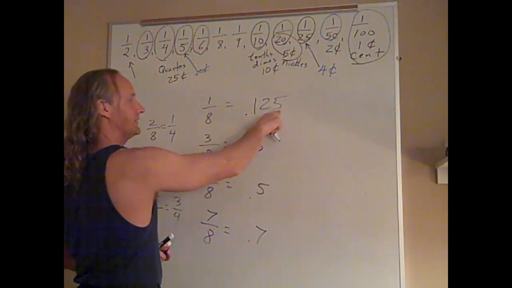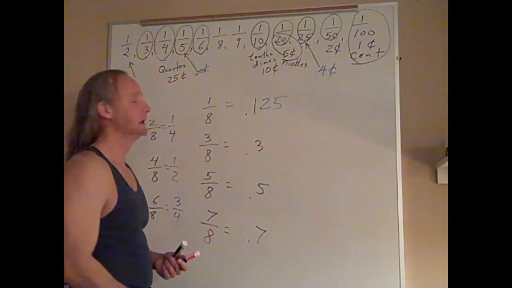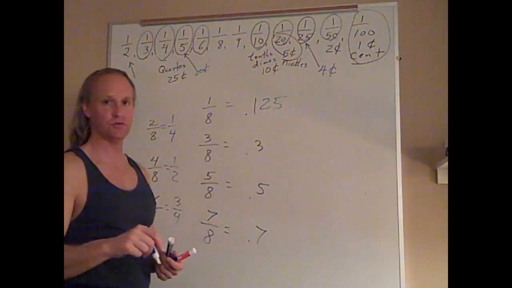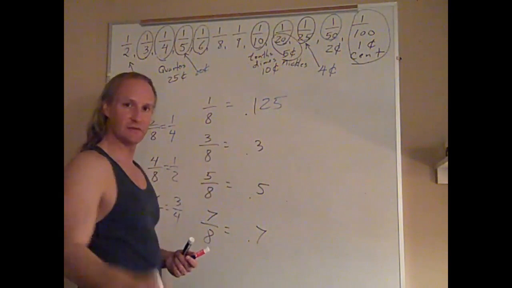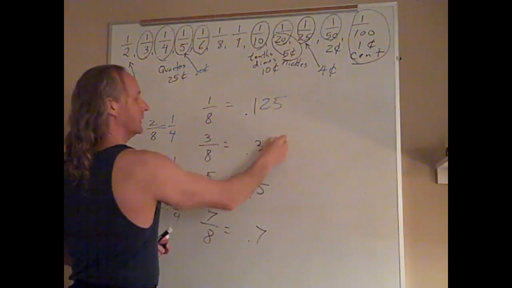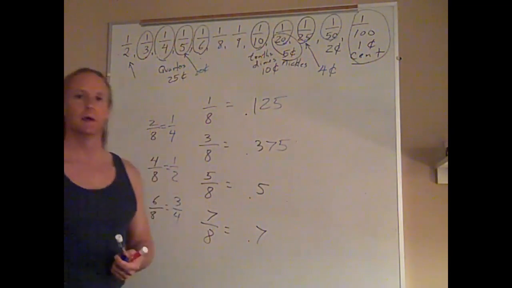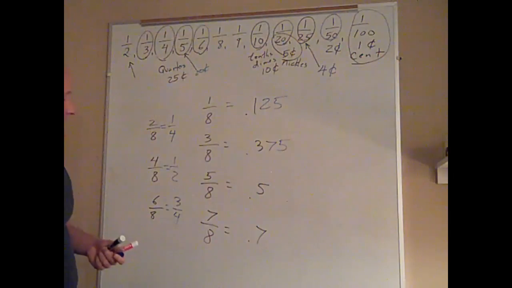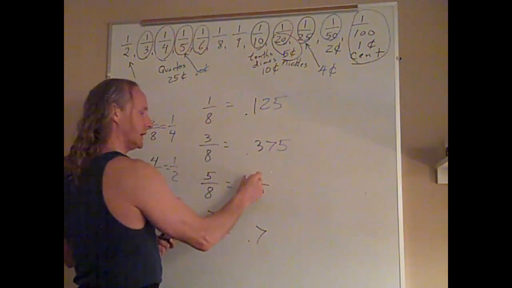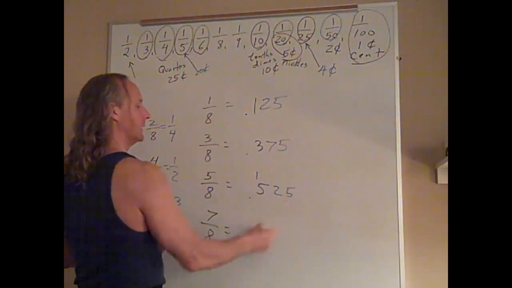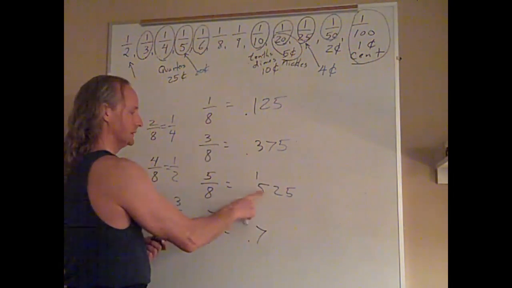That's 12.5%. So be careful. This is not the same as 125%. 3 quarters makes 75. That's how I remember that that's what goes there. Now it gets a little bit tricky. 5 quarters is $1.25. That makes this a 6.